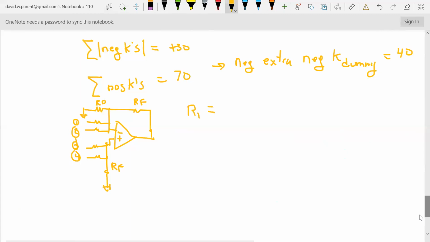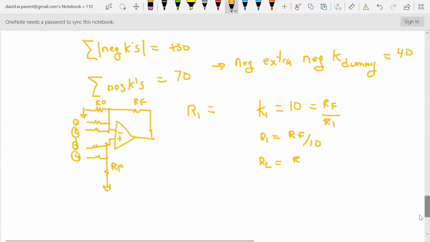Now, I got to do it the other way. K1 equals 10 equals RF divided by R1. So R1 equals RF divided by 10.